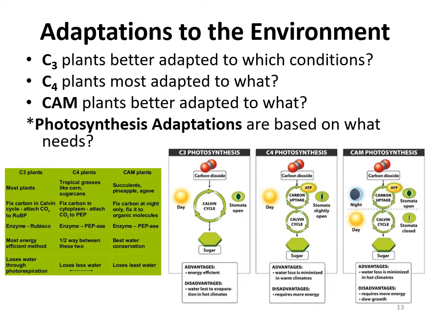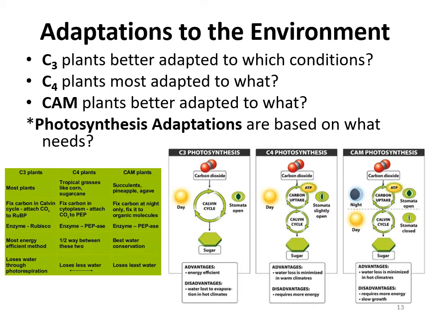CAM plants, the example I want you to think of is a cactus. Okay, so when you see the CA of CAM, you can circle that and write cactus to remind yourself very, very dry locations, because that's the one that really maximizes holding in water even better than the C4 plants, which try to kind of retain some water as well.